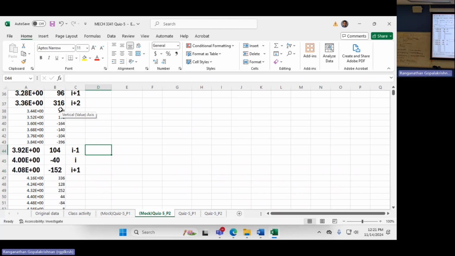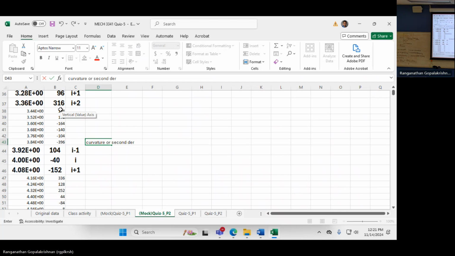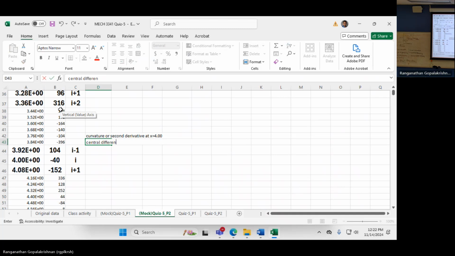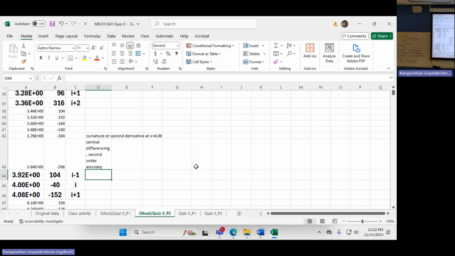Okay. So now you want to compute the curvature or the second derivative at x equal to 4.00. That's what you're trying to compute, using central differencing, second order accuracy. The formula is right here.